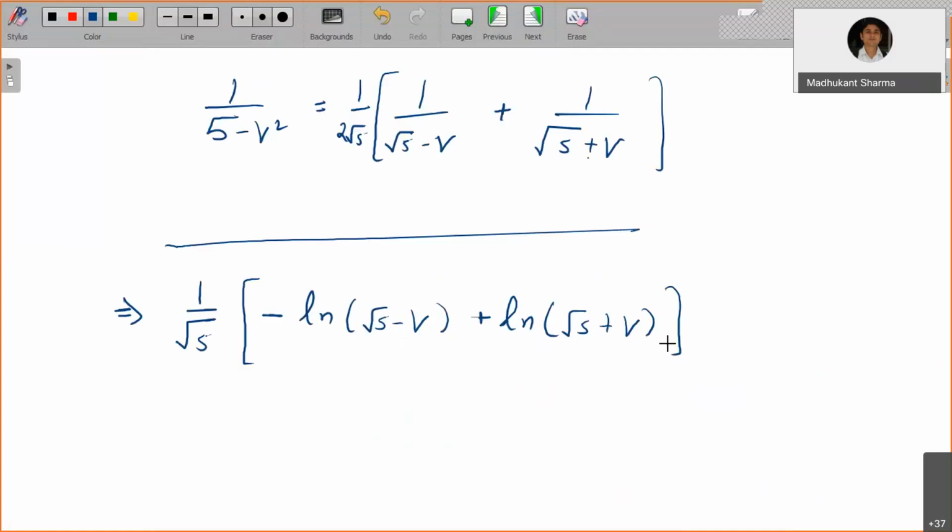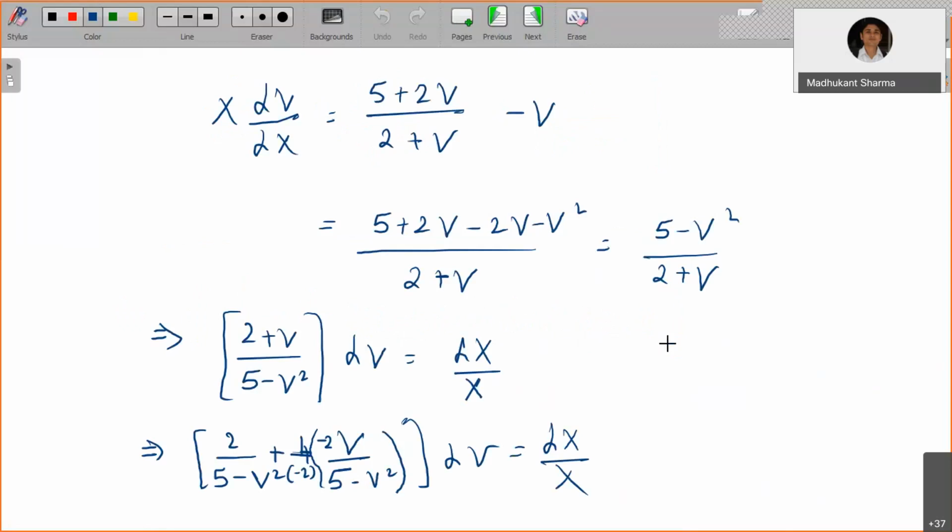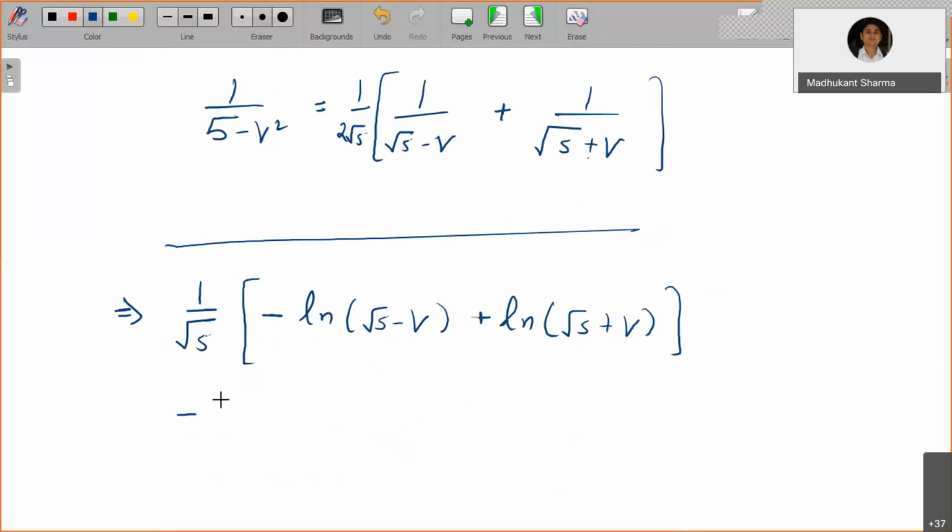Okay, that's for first term. For the second term, you have minus 1 ln of 5 minus v square is equals to ln of x plus arbitrary constant, that also I can take as ln of c. Okay, and then you multiply this by 1 by 2 here, so you can make it square root of 5 minus v square. You can arrange these things.